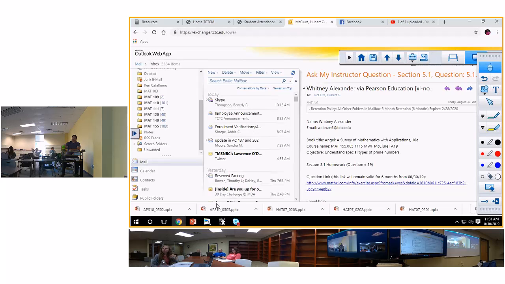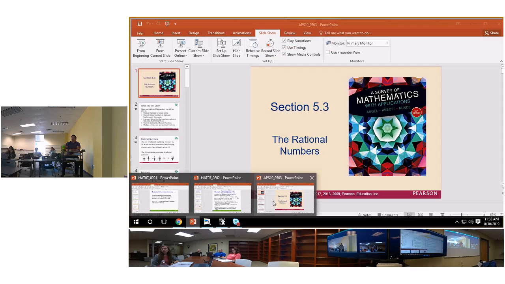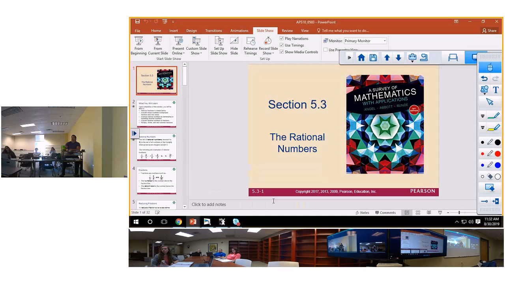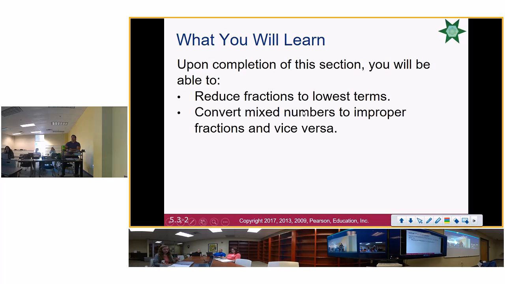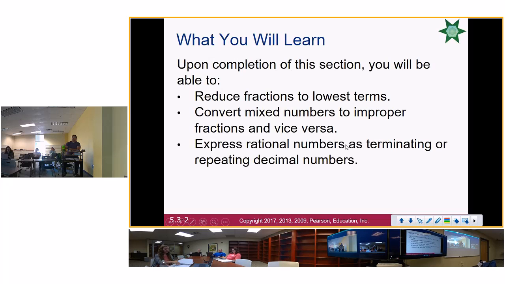All right, let's look at the handy-dandy slideshow. This is fractions, and I told you I was going to go over the whole section today because I just hit addition and subtraction the other day.